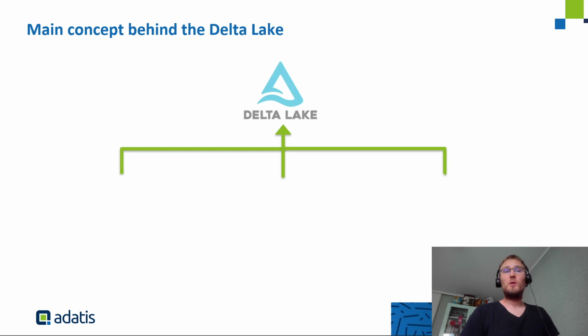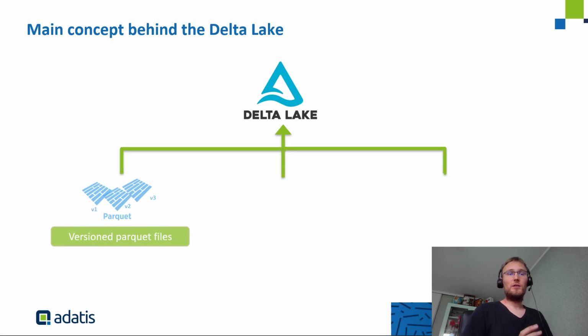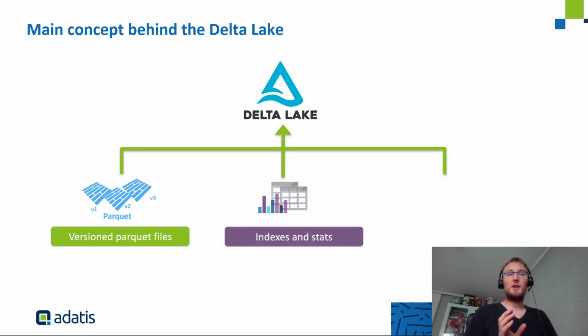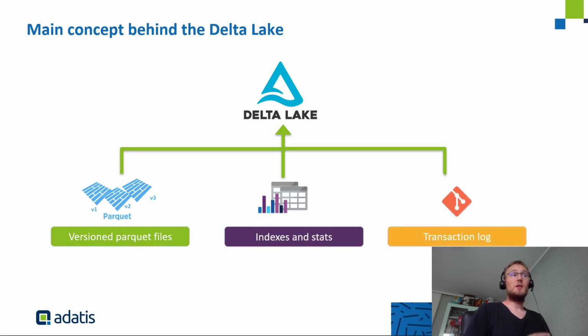It is based on three legs: versioning of Parquet files, gathering indexes and statistics, and keeping all the information about indexes and about the commits done to our files. They are all kept in one transaction log.